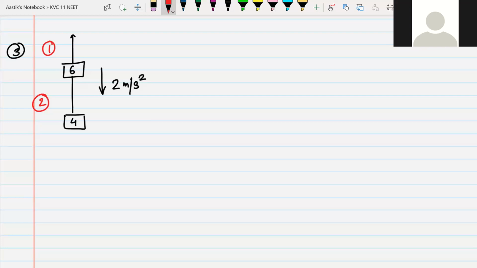I'll give 2 minutes. 80, 32. 80 is the tension in the first string. What about the tension in the second string? 32. Good. That is correct. Chalo, I'll give 1 more minute.